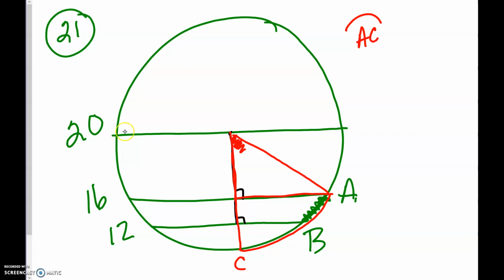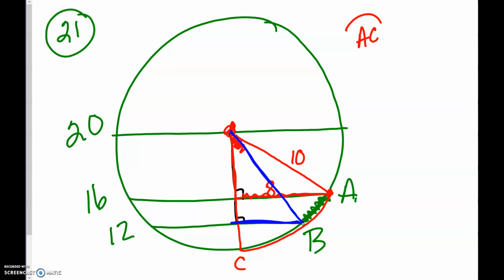Now remember, they're telling us this diameter is 20. So isn't this point to this point a radius? So isn't this 10? And if this whole thing is 16 in here, isn't this piece right here 8? So using your sine, can't you find out what this angle is so you can find out what arc AC is? Now, you can do the same thing from B. If you draw in this right triangle here, this radius hasn't changed.